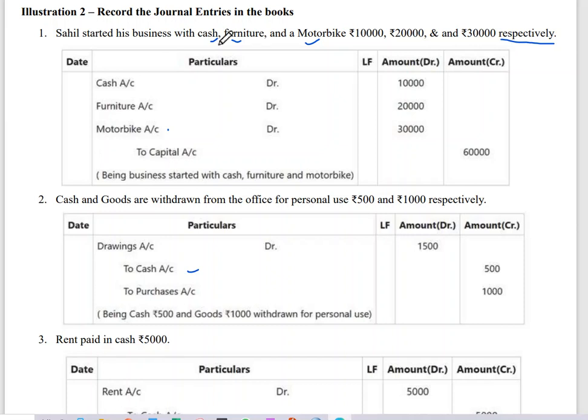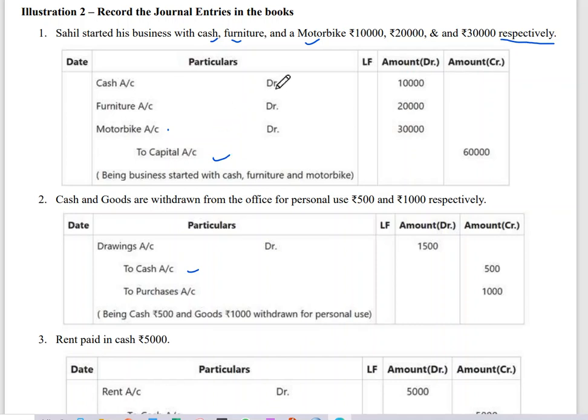So that should be debited as per the modern rules of accounting. When the assets in the business increase, we have to debit those items and credit capital account. Capital in the business is increasing, so when capital increases, that should be credited.